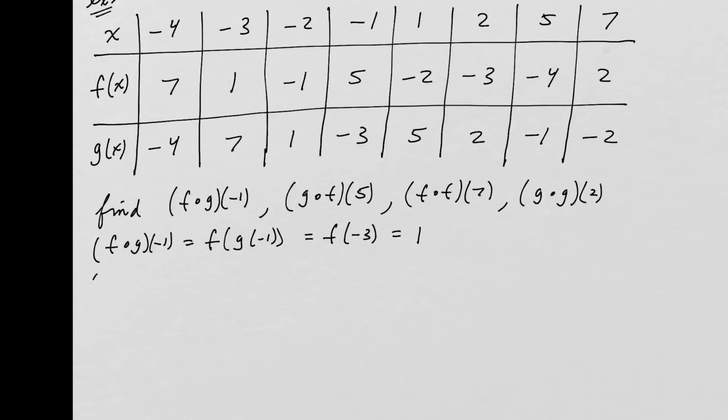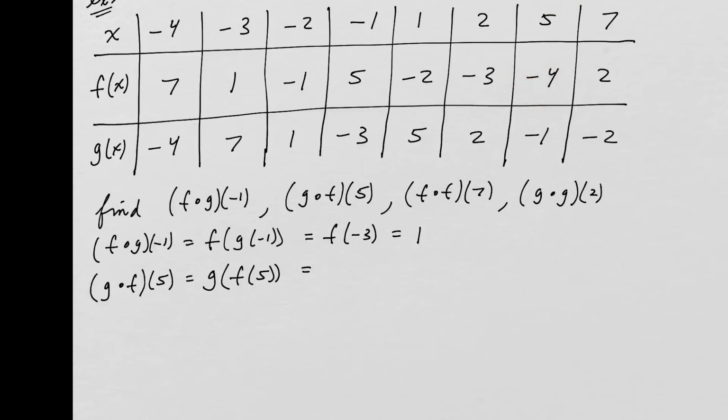Okay, second one, I want g of f of 5. So again, it makes more sense to write it this way, g of f of 5. So I go to my inside function, which is the f function now. The input is 5. What's the output of the f function? It's -4, right?